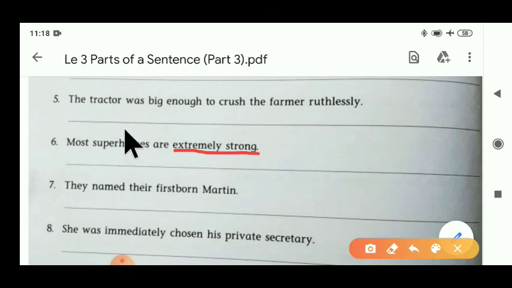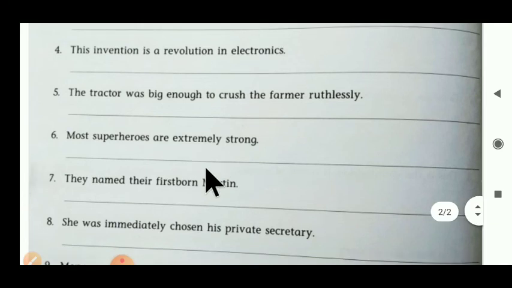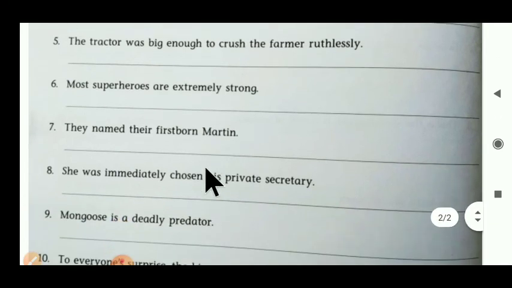It is used to describe the subject, most superheroes. So here extremely strong becomes the subject complement. Can you understand, student? So the answer becomes like that. You have to write extremely strong, and after that make a dash and write subject complement. Can you understand, student? Now we have to discuss the seventh sentence.